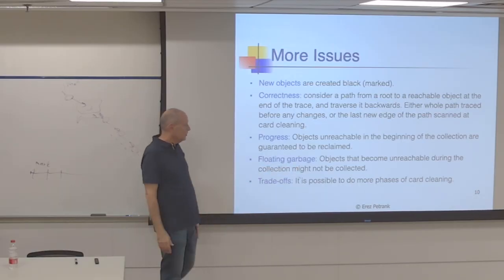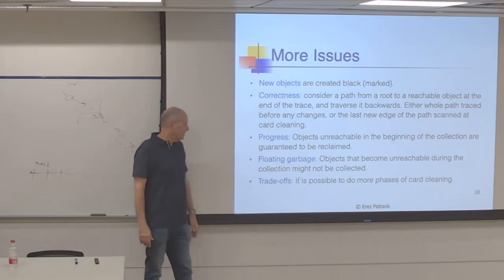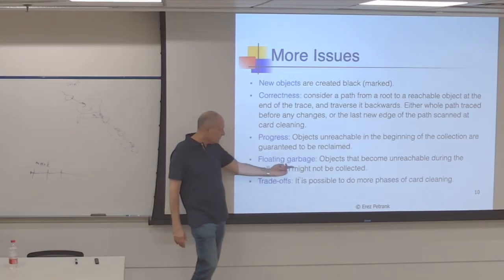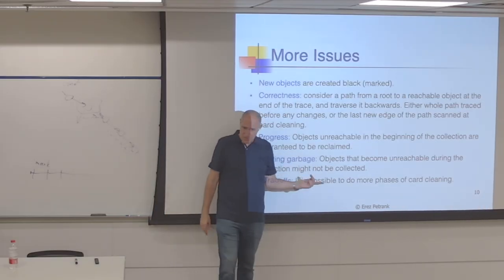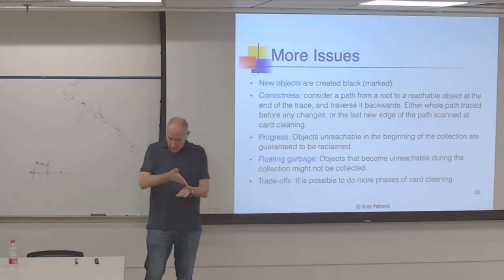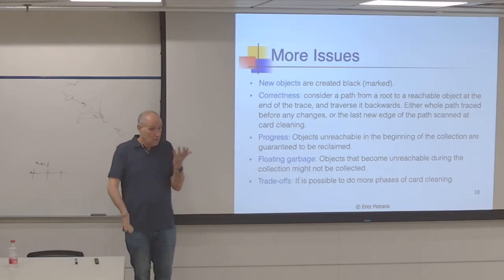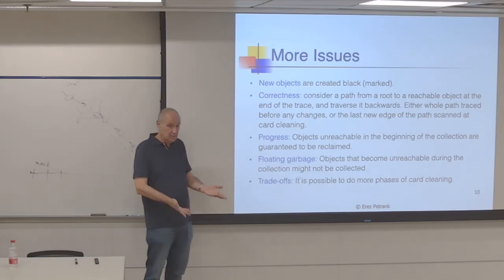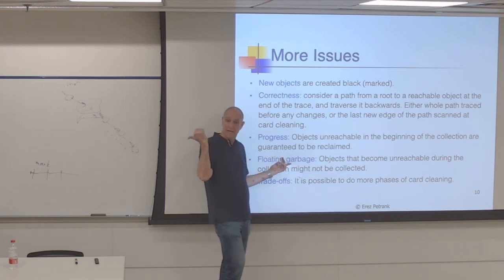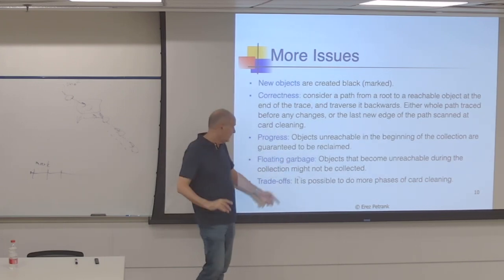So I will make progress. I will reclaim objects that are unreachable in the beginning. There may be some floating garbage. So maybe I will mark an object and then a pointer will change and it will become unreachable, but still I marked it. And so I will still not be able to reclaim it. That's fine. But in the next collection, I will free it as usual.